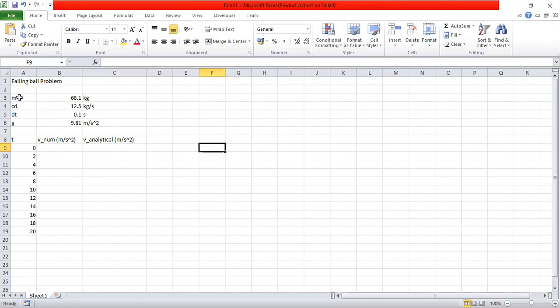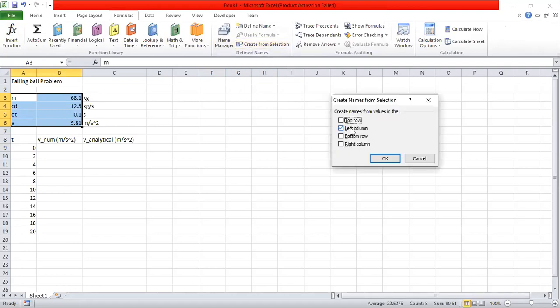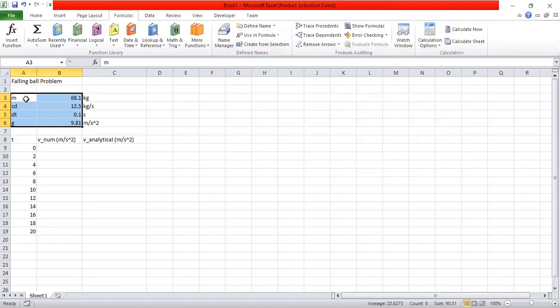So the first thing I'm going to do is to assign label names to these values. This is the way we do it in Excel. You select the label together with the values, then you go to Formulas, then you click on Create from Selection. The left column will be automatically selected. You click OK. So now the name M has been assigned to this value 68.1.